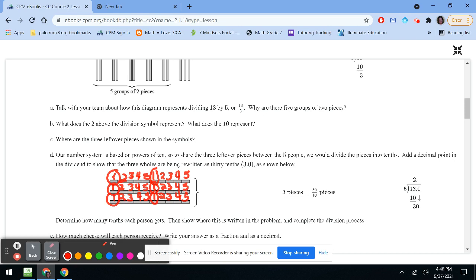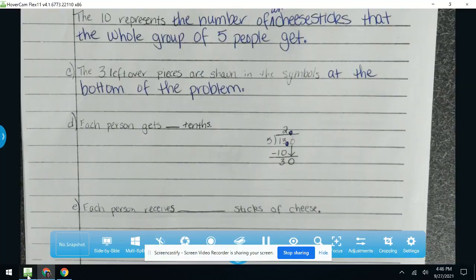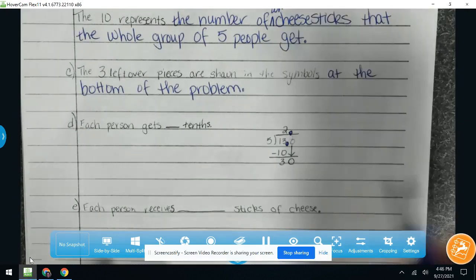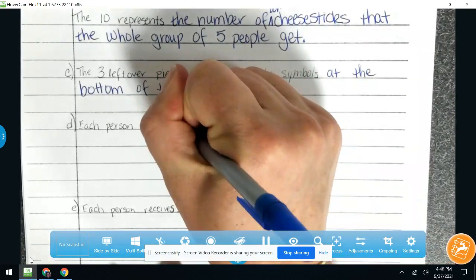So each person is going to get 1, 2, 3, 4, 5, 6 tenths. So on my packet, each person gets 6 tenths.